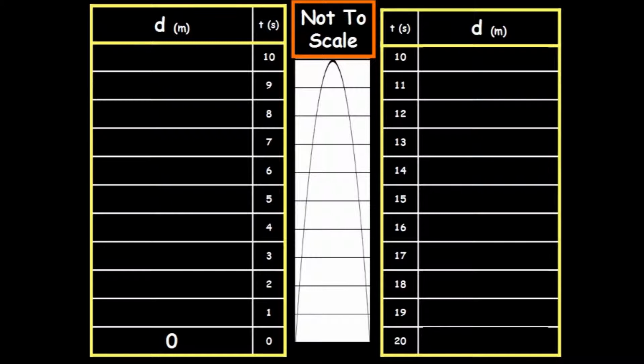Where did I get minus? Well, minus because it's negative, you're going up, and 5 because it's half of 10. Correct? So 100 times 1 is what? 100 minus 5 times 1 squared is what? 5 times 1 squared is what? 5. So 100 minus 5 is 95.